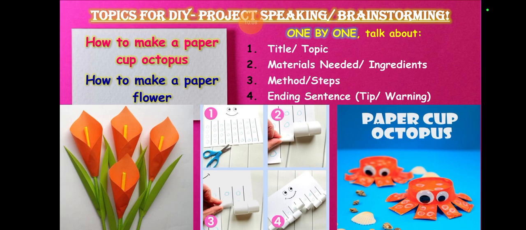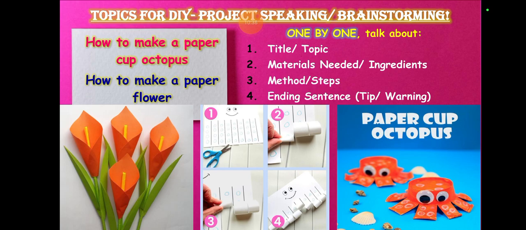Take a pencil and do the calligraphy. Finally, your paper cup octopus is ready. Tip or warning: be careful while using scissors. So here you look how I managed. I told you the whole procedure of how to make a paper cup octopus.